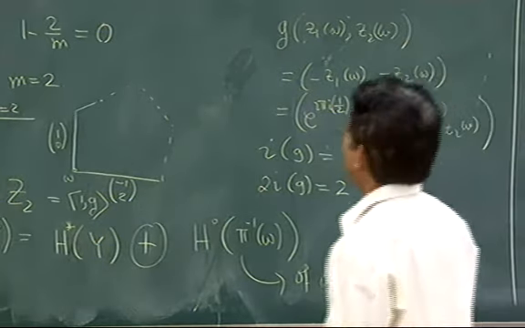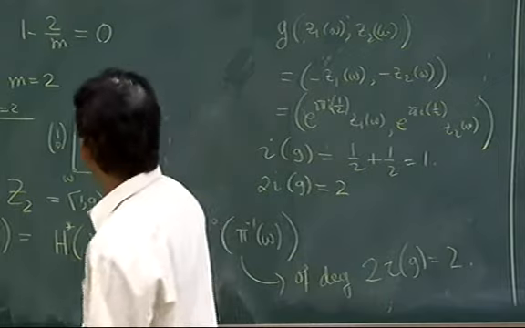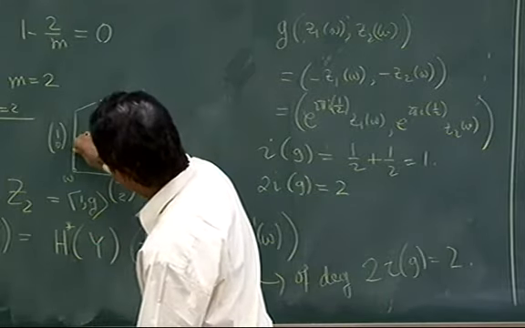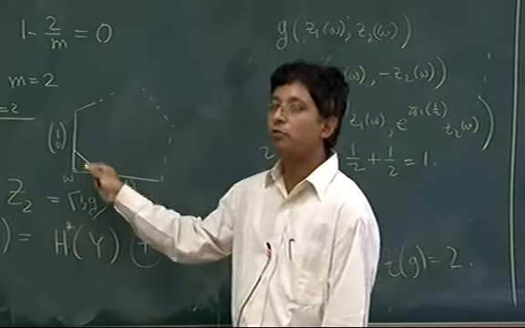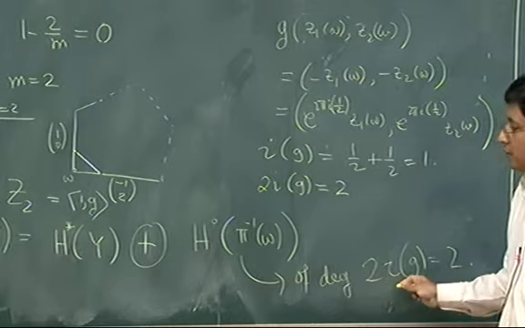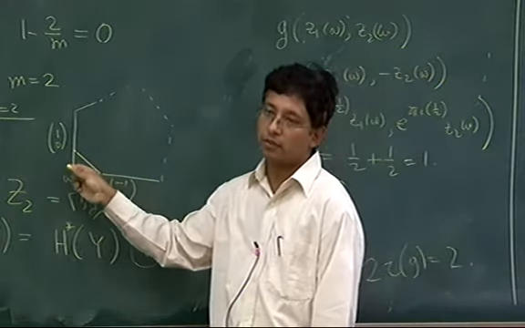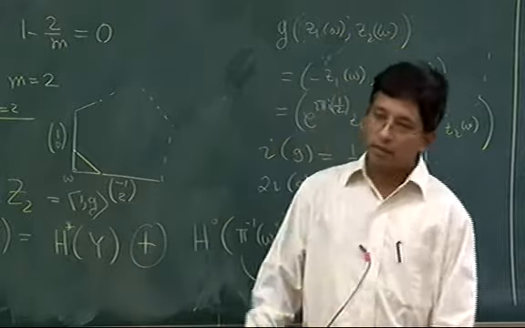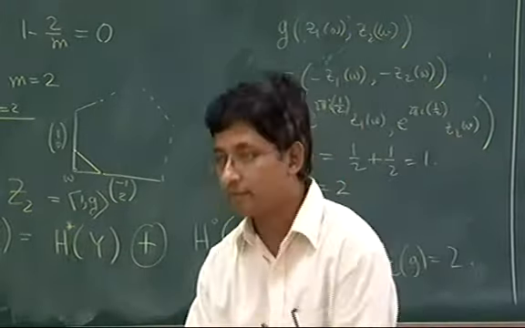And now what do you have? When you do the blow up, you introduce a new sphere that gives you a new class in H upper 2. And that corresponds to the contribution from this. So that's the thing.